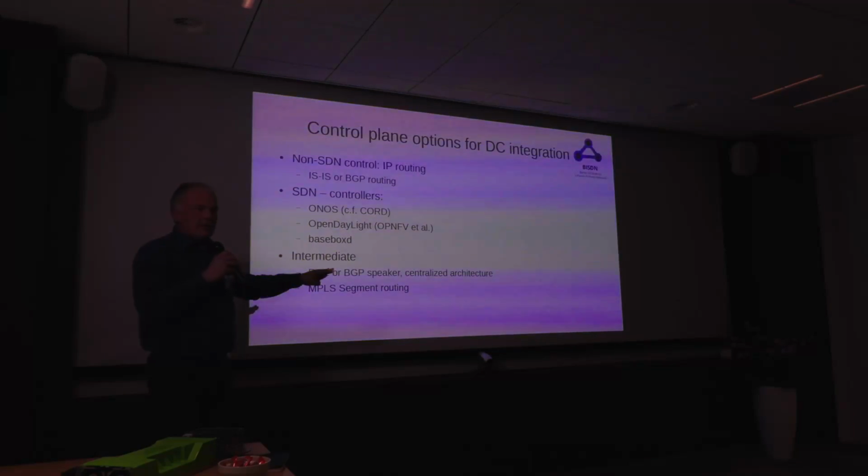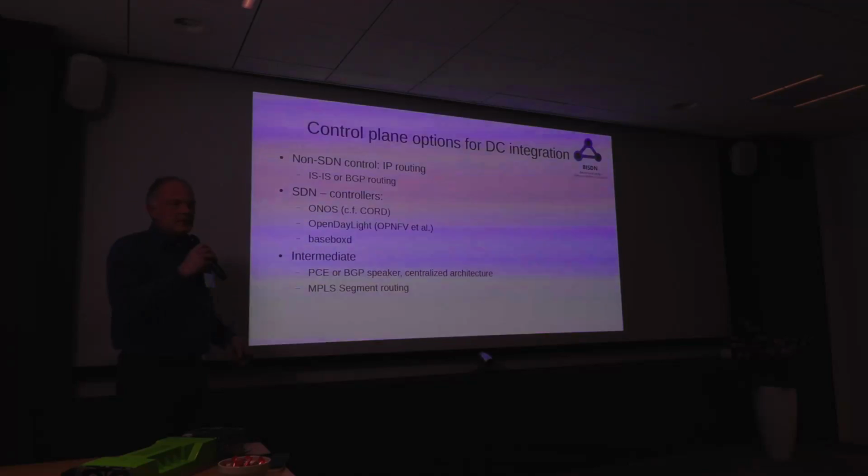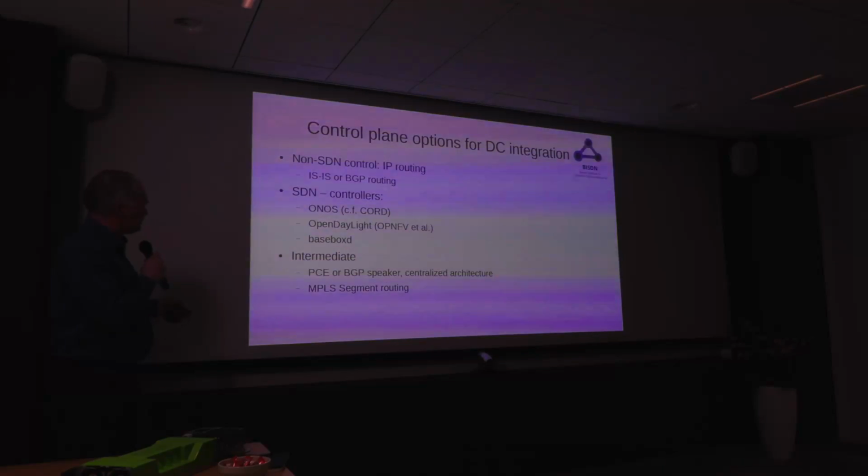So Open Daylight is much less OpenFlow driven, although you now also do have NETCONF interfaces south of ONOS. So OpenFlow is not the only choice for either ONOS or Open Daylight. There's a third option, BISDN, which is much more lean and purely OpenFlow, and I'm coming to this in a couple of slides. No, I think next slide even.